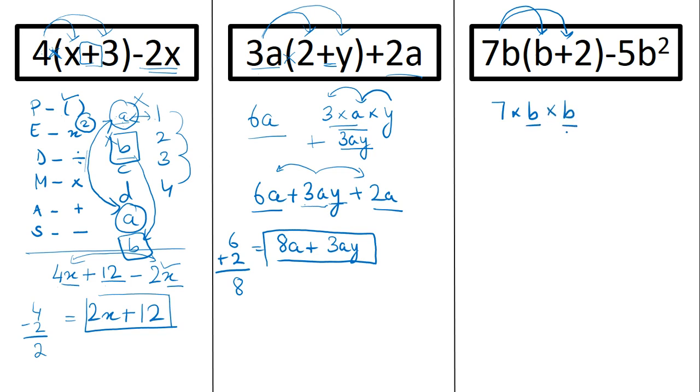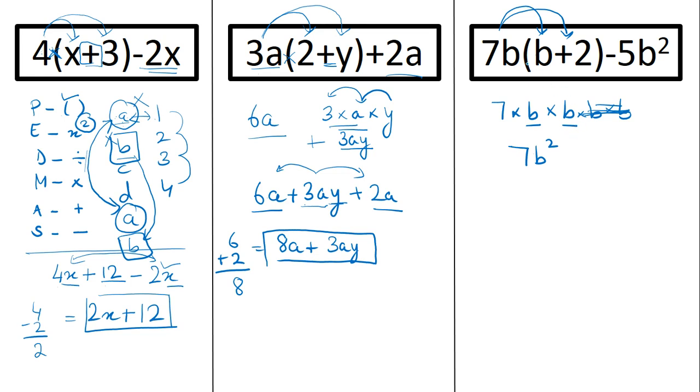Now 1b and 2b's, so 2b's together, you write them as an exponent power, and you just write it down as b squared, or b to the power of 2. 2b's multiplied together become b to the power of 2. If there were 3b's, I would say b to the power of 3. If there were 4b's, I would say b to the power of 4. But right now, I just have 2b's, so I'm going to be writing 7b squared, or you can say 7b to the power of 2, because there are 2b's involved.